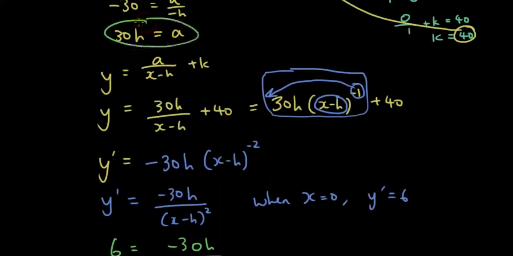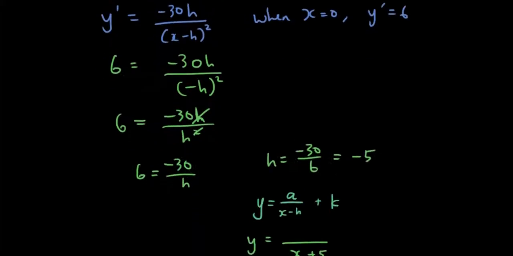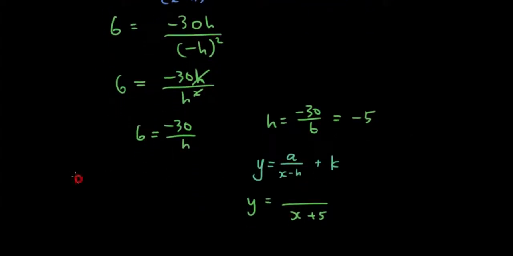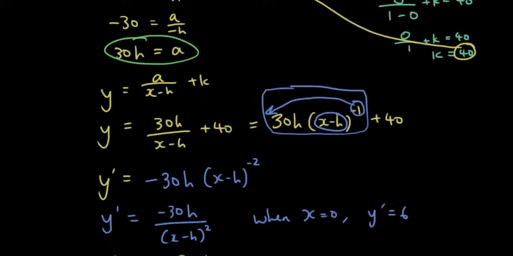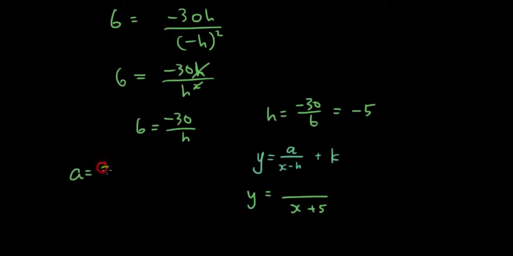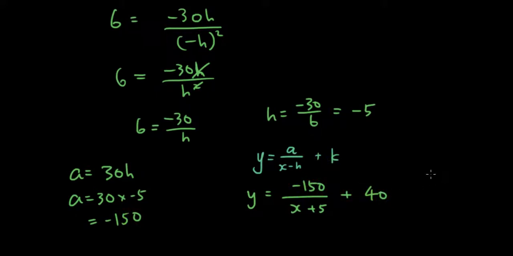We figured that out before. So if h equals negative 5, a equals 30 times negative 5, which is negative 150. So let's put that over here. And k is 40, so we have an equation for our parabola.